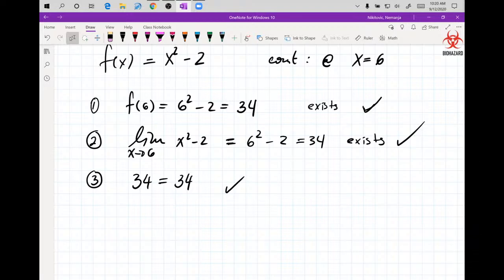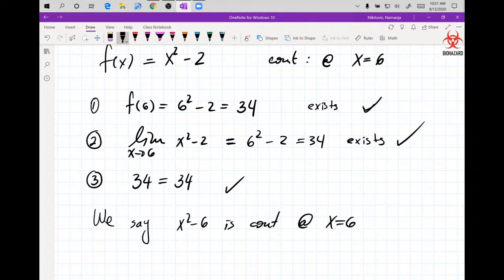And now we can claim that x squared minus 2 is continuous at x equals 6. And this problem is solved. This problem is done now for your Calc 1 continuity.